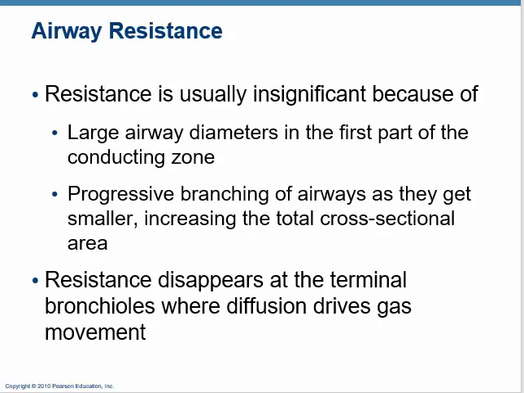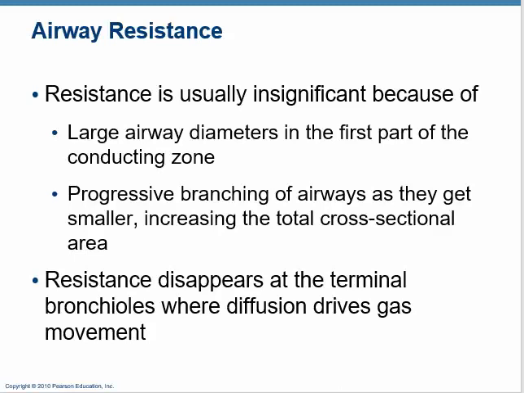Usually resistance is insignificant because the large airway diameters in the first part of the conducting zone pass air fairly easily, but you would think that the resistance would go up as the bronchioles get smaller and smaller and smaller. The problem is it's the same as capillaries.